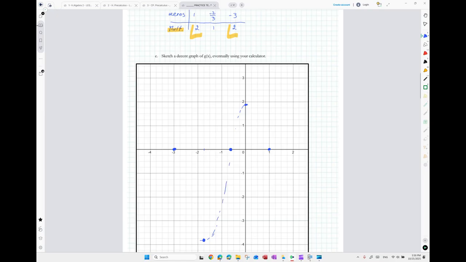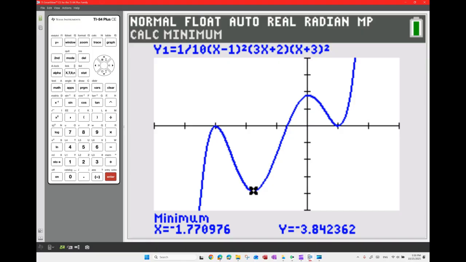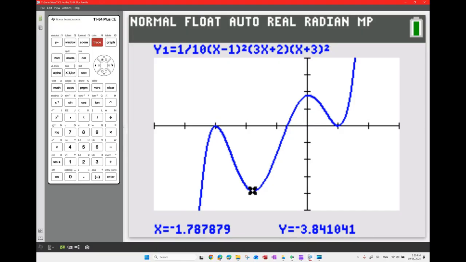Remember to do it by little strokes, by first joining together the maximum and minimum. You can eventually also use, that's a possibility, the trace button. The trace button will make the cursor stick with the graph and will give you a series of coordinates.